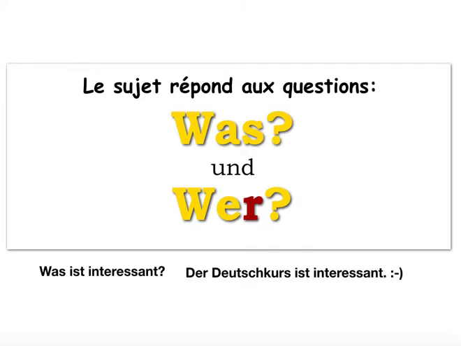Let me give you an example. Was ist interessant? What is interesting? Der Deutschkurs ist interessant. The German course is interesting. Of course it is. So here again, you ask about the subject, what is interesting, and it's der Deutschkurs. So the Deutschkurs is the subject in this short phrase, and it is in the nominative case.